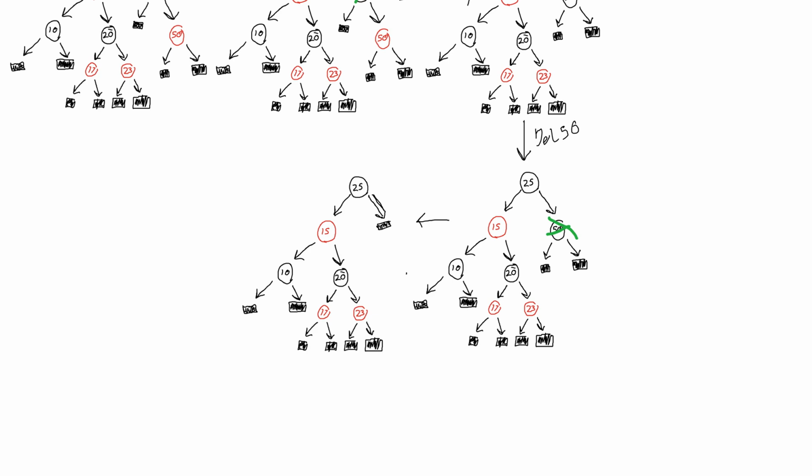Right? So if we look at the double black sibling, we're going to see this is a red node. So this is actually going to fall under case 3C. And 3C was the case where we rotate left or right around the double black's parent, and then we go ahead and do some recoloring in order to try to make things work out.